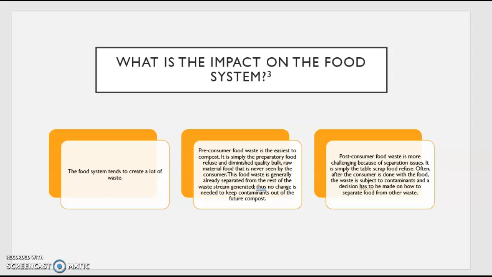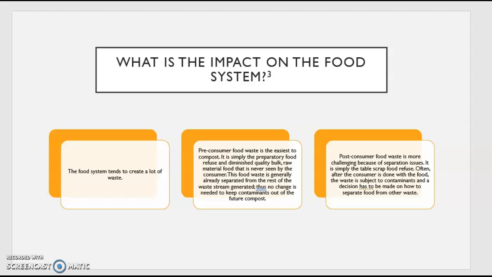What is the impact on the food system? As we can gather, the food system tends to create a lot of food waste. Again, composting helps make the food system more sustainable. Whenever we think about the food system, there is pre-consumer food waste, which is the easiest way to compost because it is simply the preparatory food refuse and diminished quality bulk raw material food that has never been seen by the actual consumer.